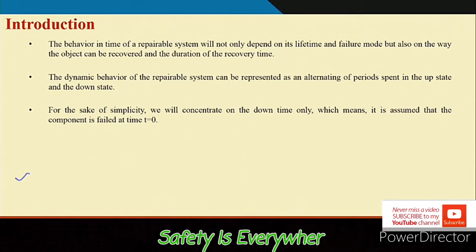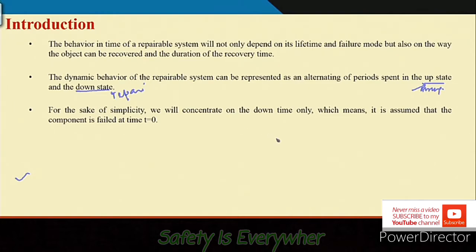Up means working, and down means it is under repair. So there are two states, up state and down state. Up state is the working state, down state is the repair state. For the sake of simplicity, we will concentrate on downtime only, as in this lecture we are interested only in the repair process.